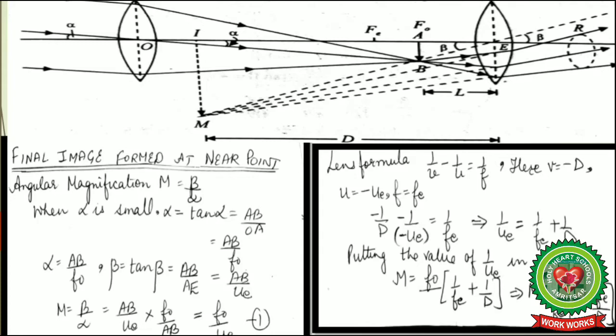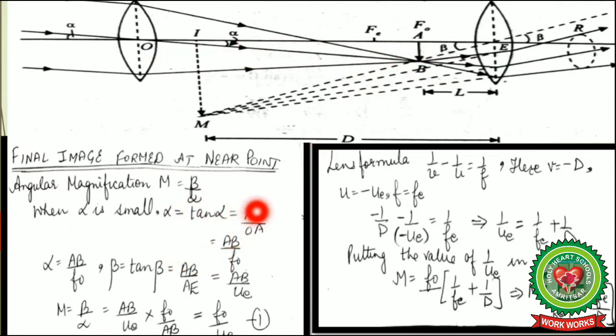Angular magnification, as we have already done, M is equal to beta over alpha. When alpha is small, alpha can be taken as tan alpha. Now from the diagram it is clear, tan alpha is equal to AB over OA.